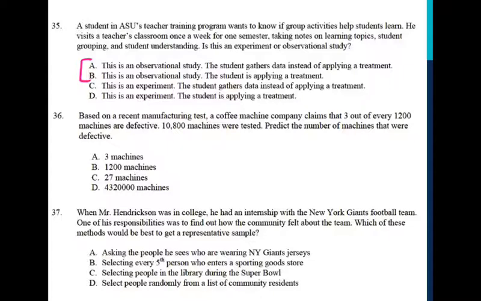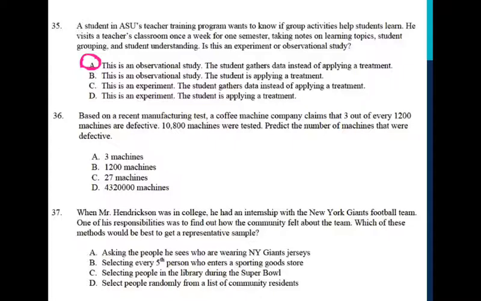So the student gathers data instead of applying a treatment, so that's going to be letter A. A treatment is essentially what you're doing for an experiment. So that's the difference between observational study and experiment. In an experiment, you're actually doing something. In an observational study, you are just observing and making notes of what is happening without interfering.